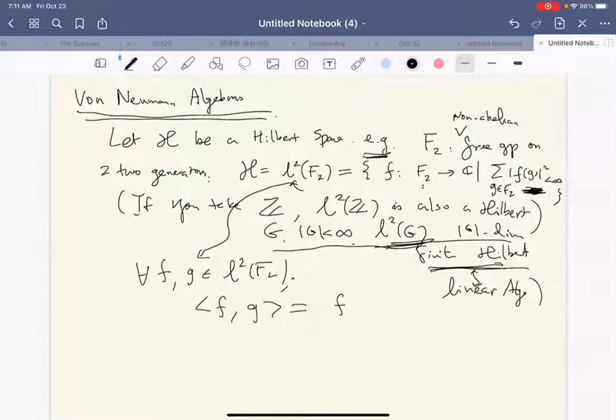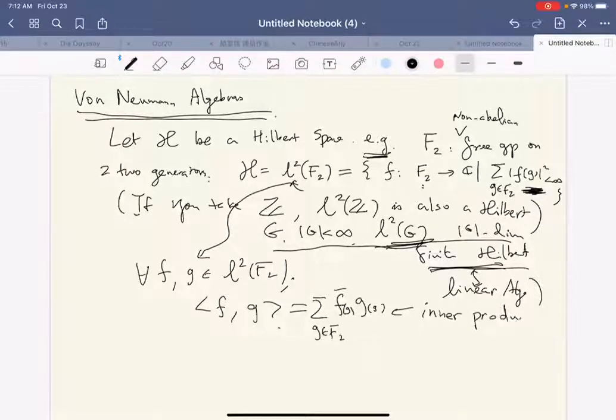I guess I forgot which convention this is; it's probably the mathematician's convention. So we take F bar times G and just sum over all these elements. So this is the inner product.